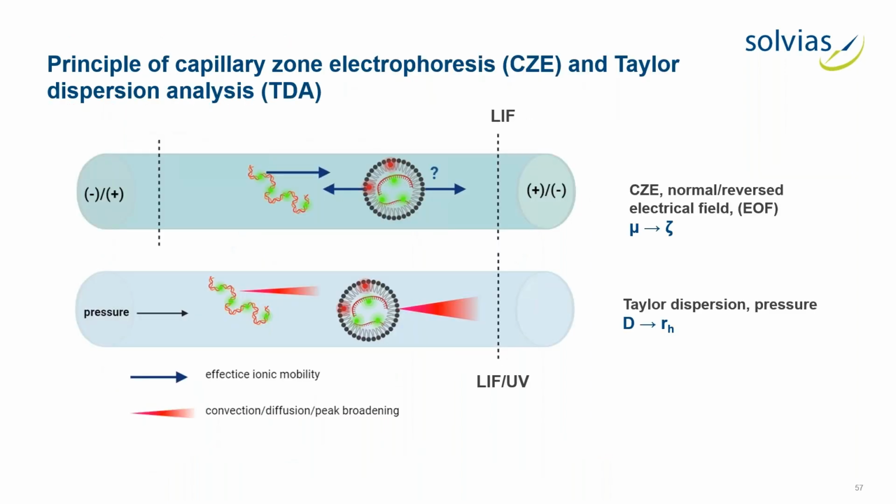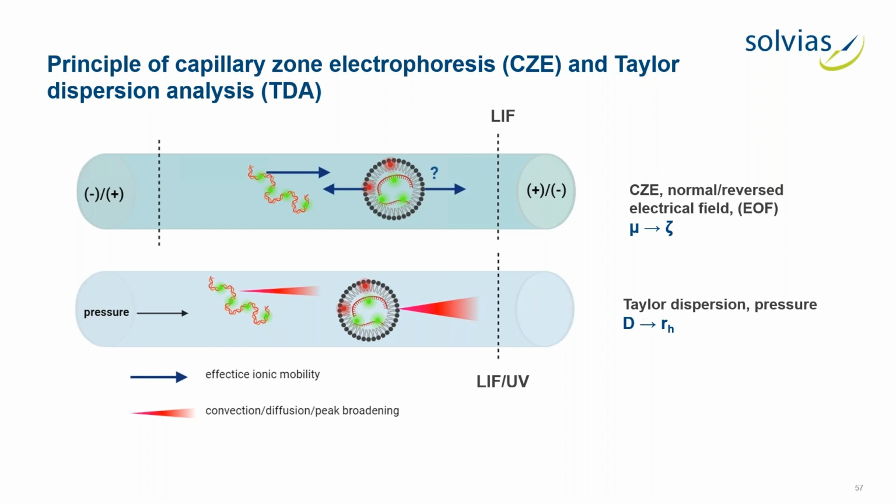So I would like to focus on these two techniques, CZE in combination with a specific fluorophore and also Taylor, as these two techniques are really new. And the interesting thing here is we can use both with the same equipment, either applying a pressure or, in CE, applying a high voltage.